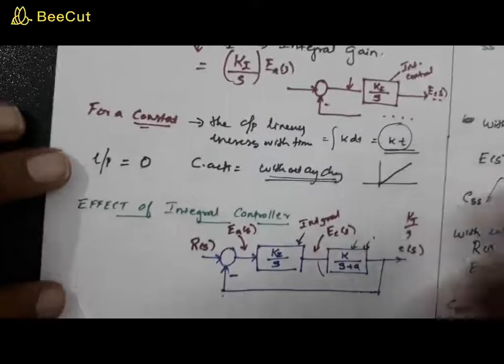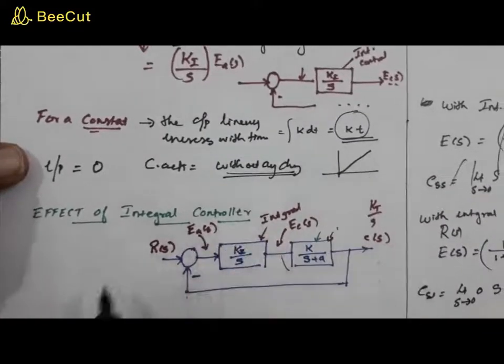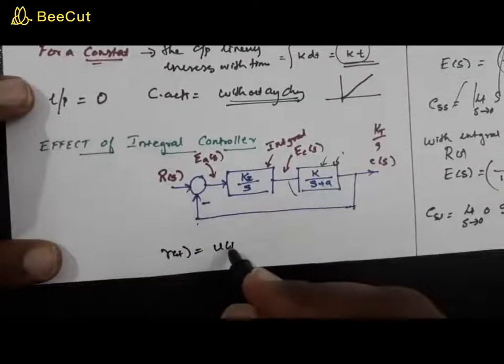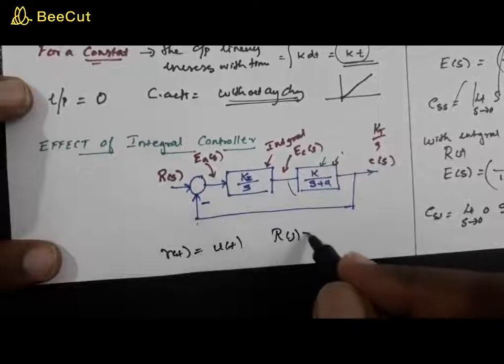And what is your R of S? We are going to find out the effect of the integral controller when you give R of t to be a unit step, that is u of t. That means your R of S is 1 by S. That's what we did without this integral controller.